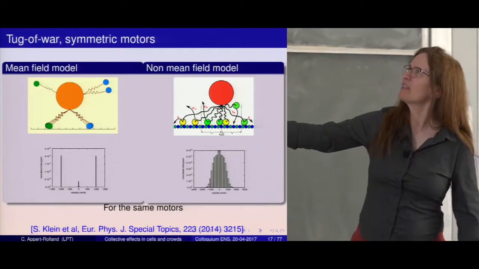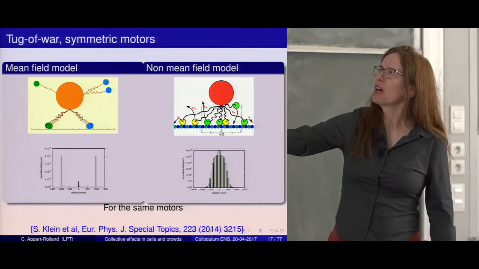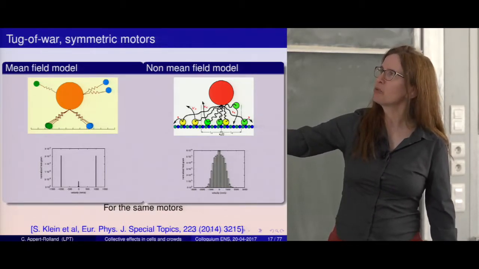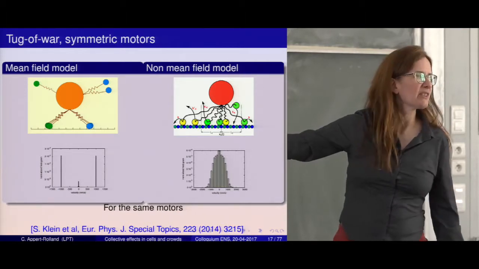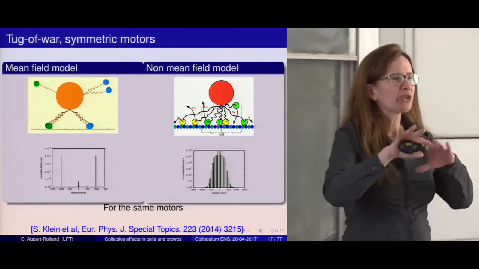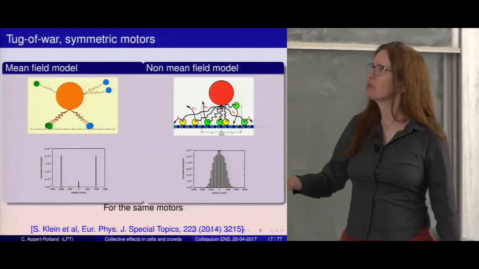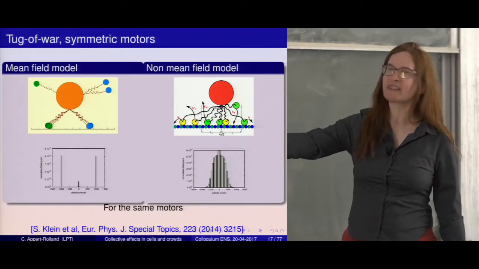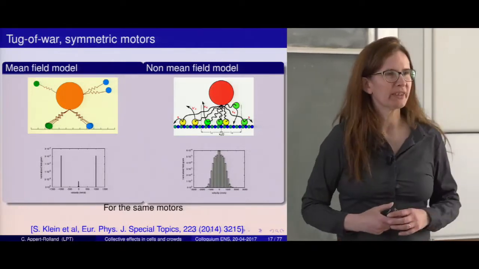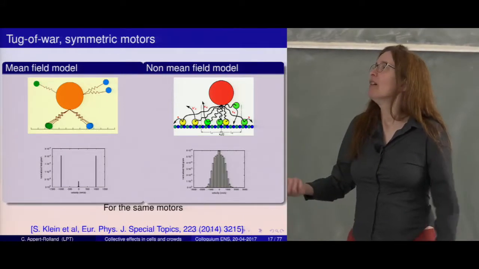While in our case, they all have different positions. In the mean field model you have this bimodal or trimodal velocity distribution. When you go to the explicit model, this is lost, and it's not just a matter of changing the parameters. You don't get it. So it seems that these high motility states defined like this are really an artifact from the mean field assumption.